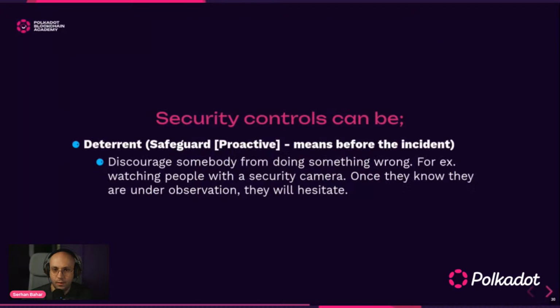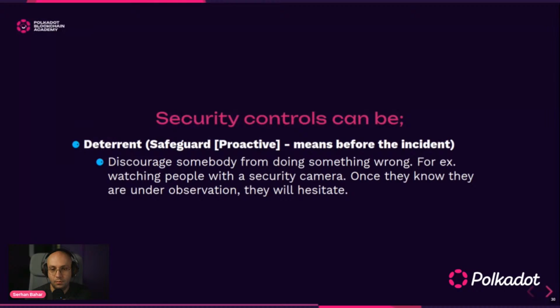And security controls can be deterrent. It means that it's not actually a security control itself, but it creates some kind of fear, some kind of protection. Before the incident, you can discourage people from doing something wrong.